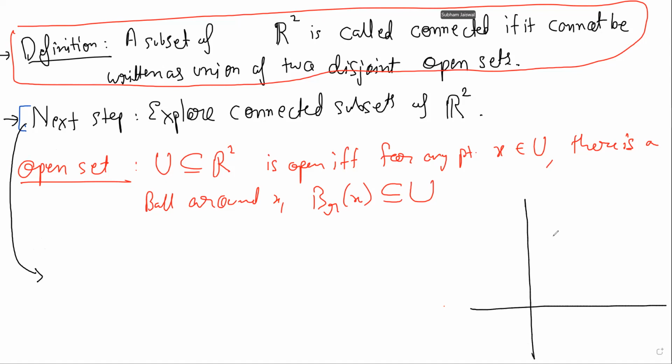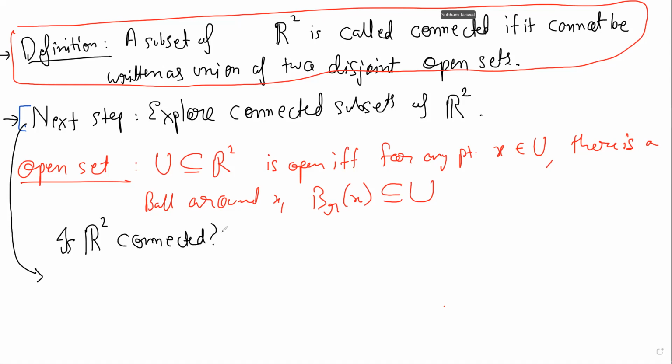Let's just take R2. Is R2 connected? Well, surely we know that it is, but how do we prove it using these definitions?